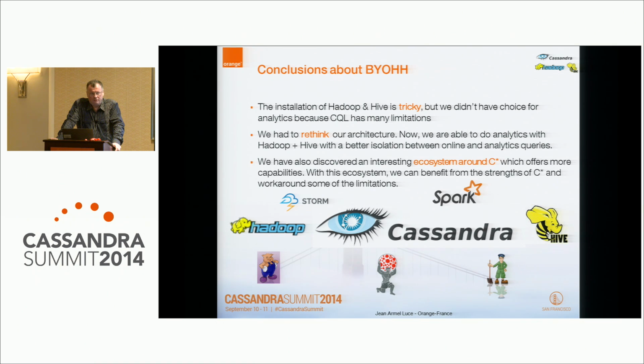Another conclusion about this feature is that when we did that, we also discovered a very interesting ecosystem around Cassandra. And for me, it's very interesting. I have discovered that Cassandra doesn't live alone. Cassandra has many friends around her, and with this ecosystem, we can work around many limitations of Cassandra, and I think here about the limitations of the query language, because as I said previously, this language doesn't allow calling aggregate functions.